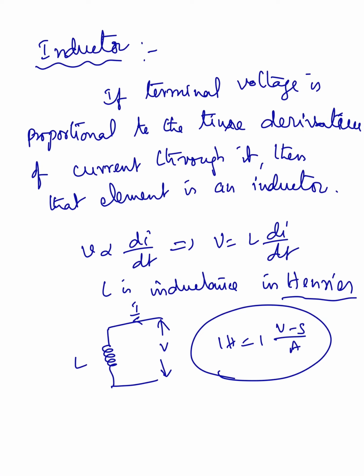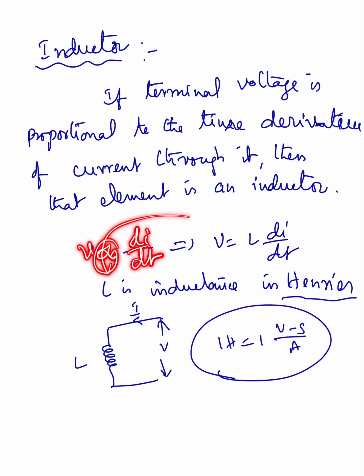Okay. Now we go for, again look at this. What is an inductor? If the terminal voltage across these two terminals is proportional to the time derivative of current through it, the current flowing depends on the time derivative. So V is proportional to di by dt.